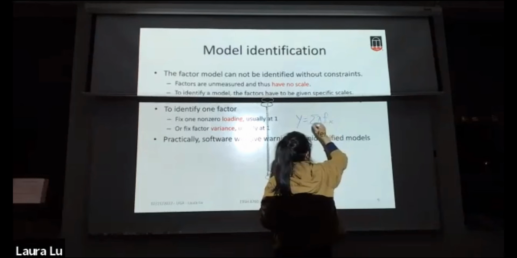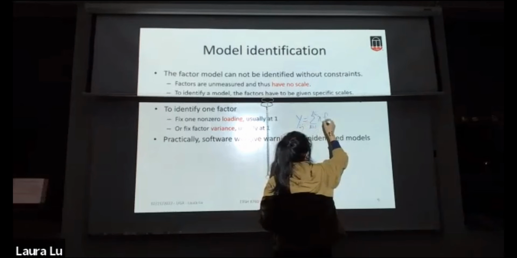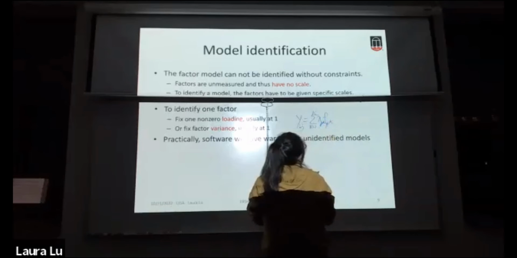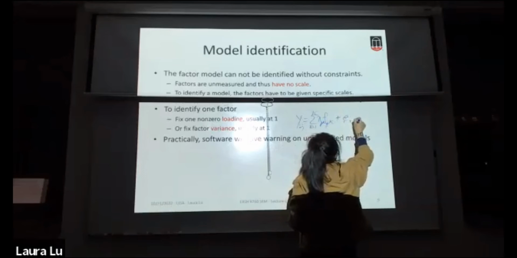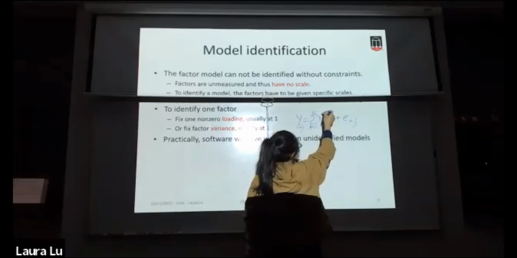Suppose we have K here, K is from 1 to capital K. We have the index i here, this is for i, this is for j. And we have some errors. So all of these are unknown.